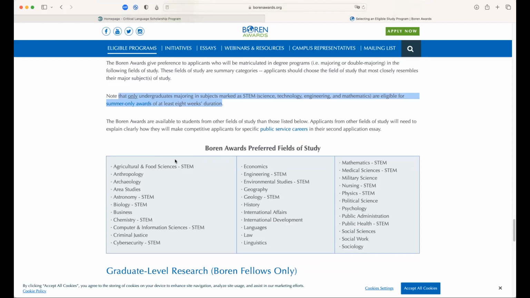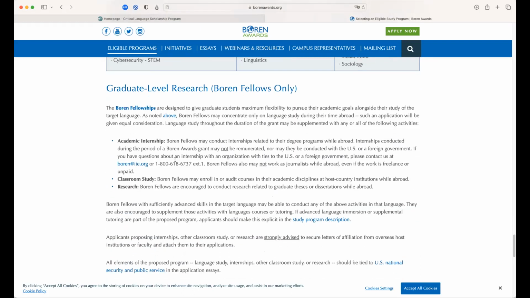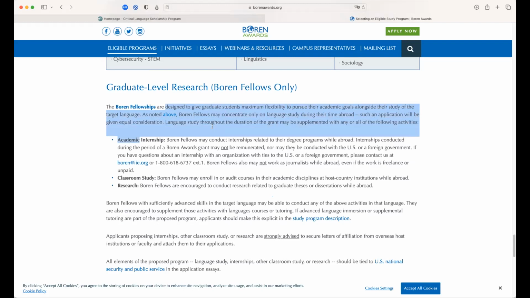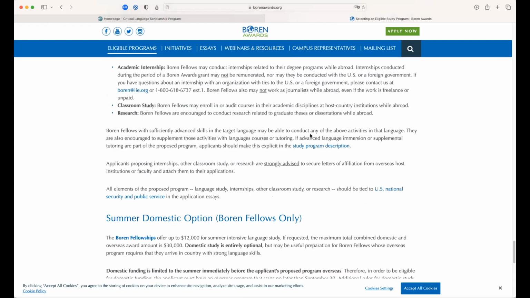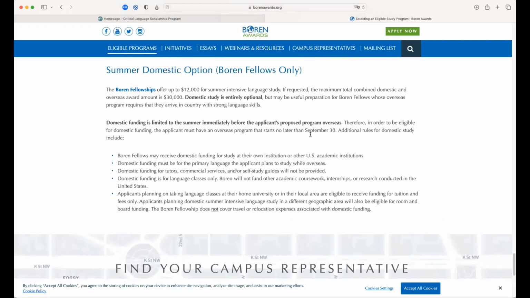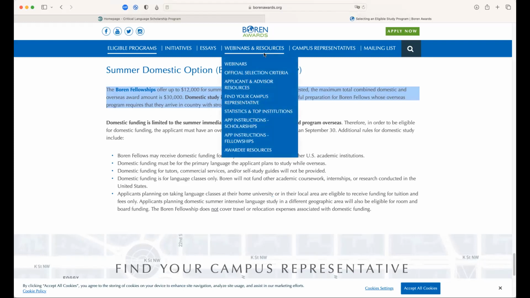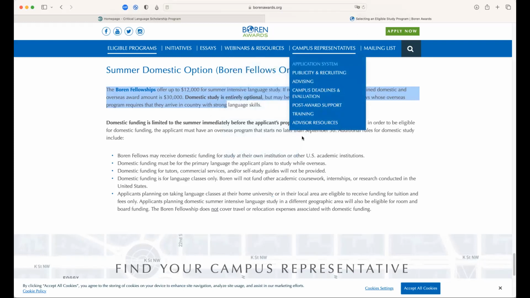You can see those highlighted here. Graduate students have more flexibility, and they will generally be spending most of their time on that language study, sometimes as an embedded option, and they're also eligible for summer intensive language study. All right, now let's head back to our slide deck here.